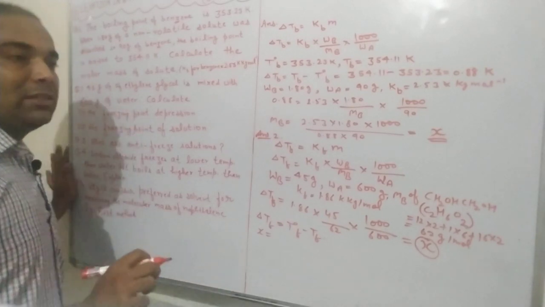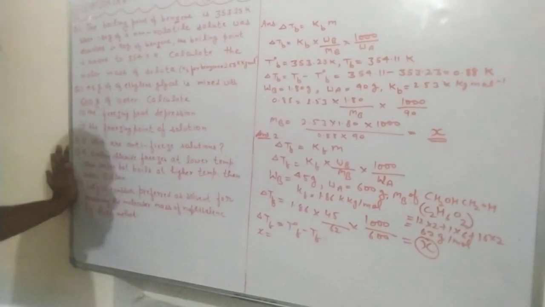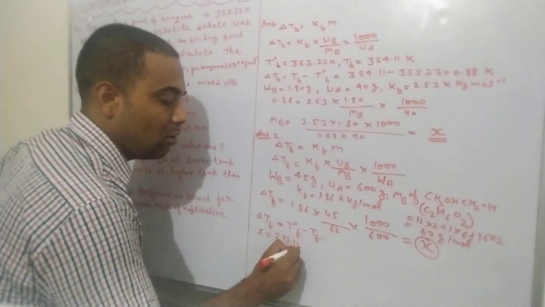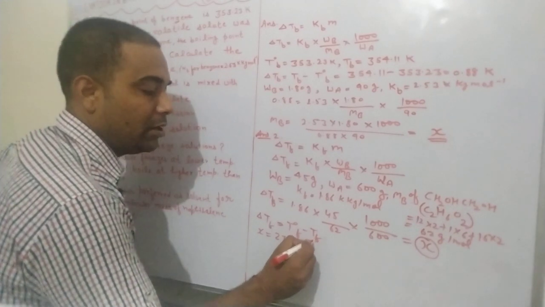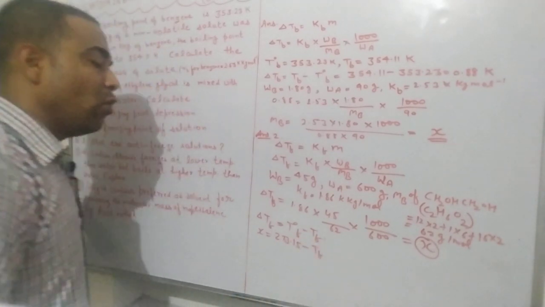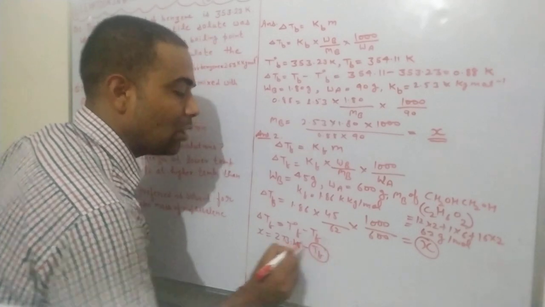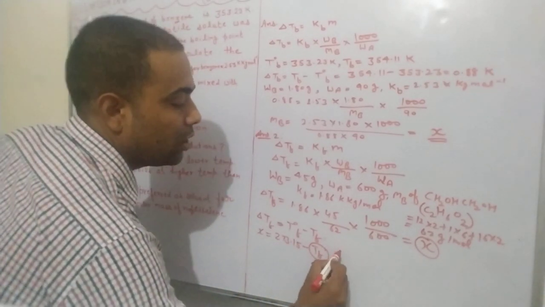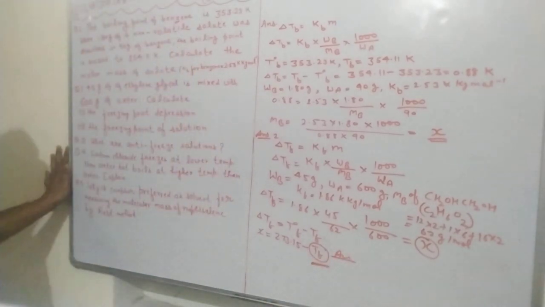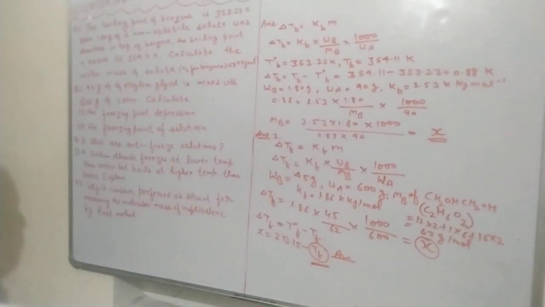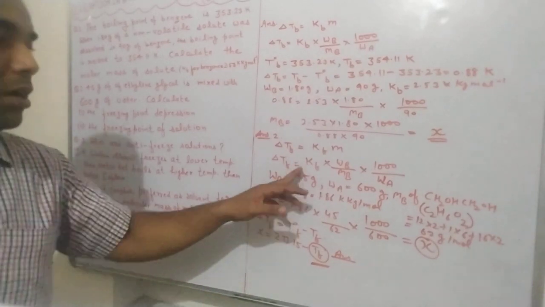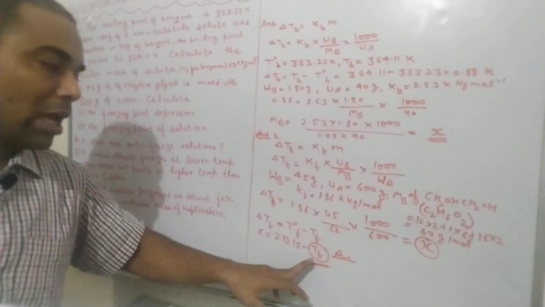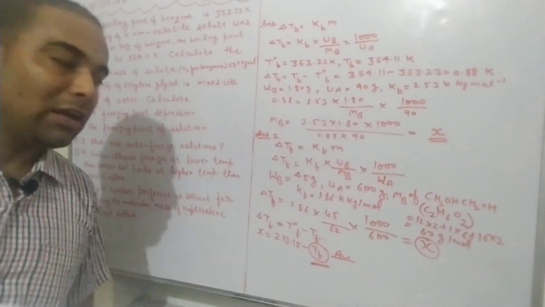We know the pure solvent is water in this question, and the freezing point of water is always 0 degree Celsius. In Kelvin it will be 273.15 minus Tf. So from here we can easily calculate the value of Tf. That will be our answer of the second question. Kf was in Kelvin kilogram per mole; likewise we'll calculate the value of Tf, that will be in Kelvin.